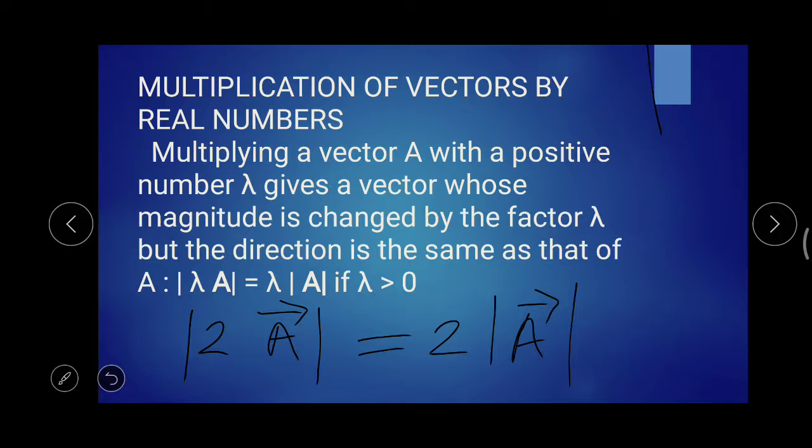The magnitude will change by a factor of that real number which was multiplied with the vector. There will be no changes in the direction. Only the magnitude changes by a factor of that real number.